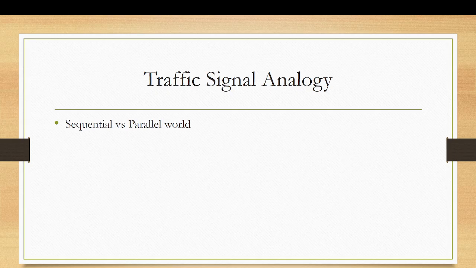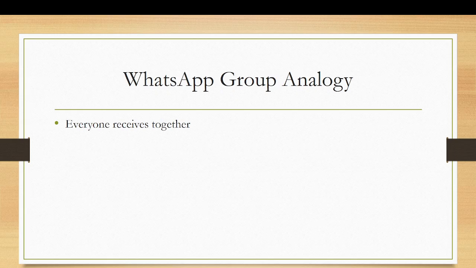That's parallel hardware. Suppose someone sends a message to a WhatsApp group with 500 members. Do people receive the message one by one? No. Everyone receives it simultaneously. Hardware behaves more like that. One signal, many receivers at the same time.